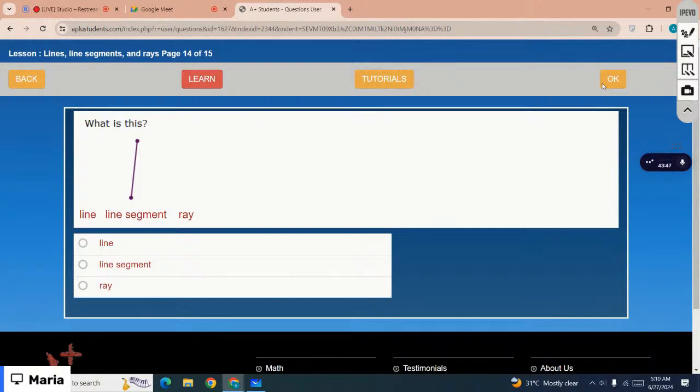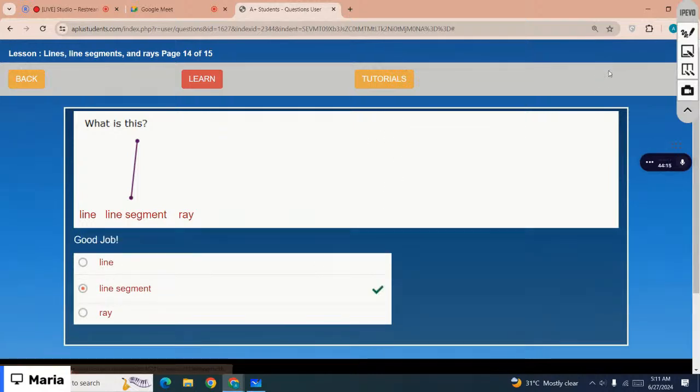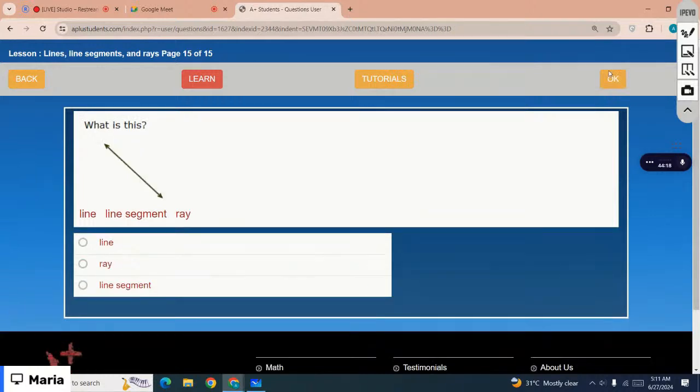Line segment it is. What is this? Line it is, right?